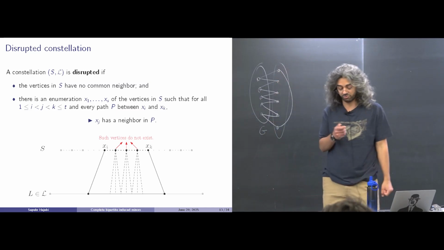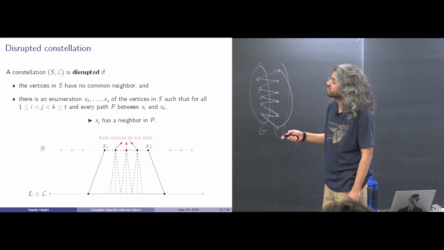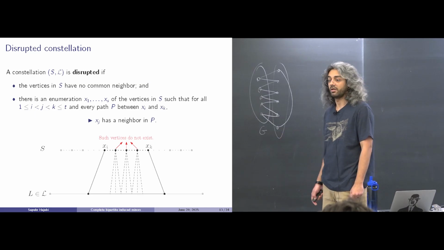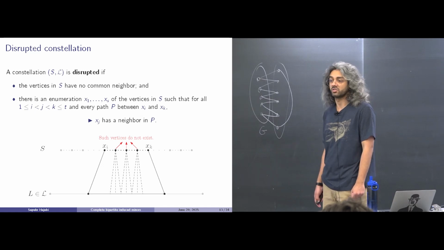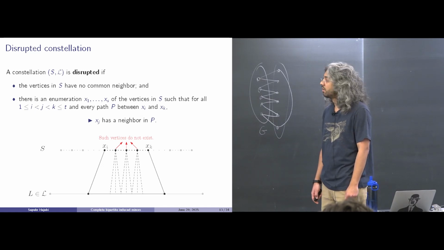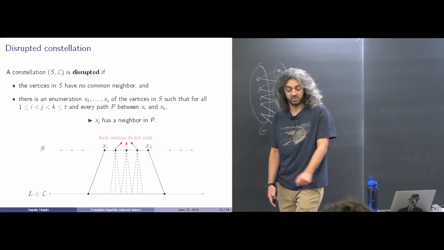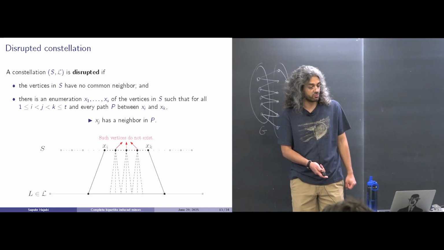So whenever I choose 3 vertices, xi, xj, xk, then xj is going to have at least one neighbor in every path p that goes from xi to xk. In other words, vertices in between with no neighbors in this path do not exist. And I also need to parameterize this, so I'm going to introduce this parameter q.